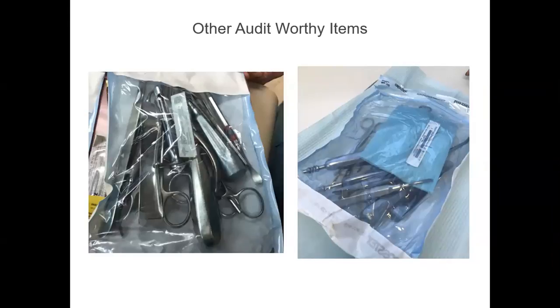And the photo on the right, again, I see a pair of scissors in there. Great that the chemical indicator is in there, but it looks like that's a bib of some kind, and those are single use, so we don't want to sterilize those. Same thing with gauze.